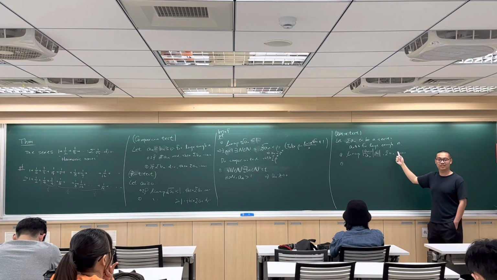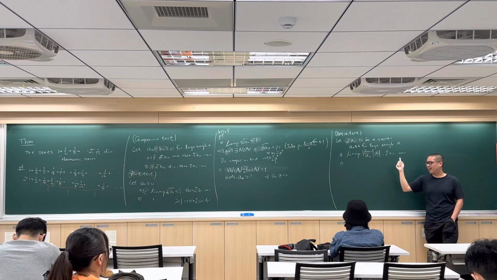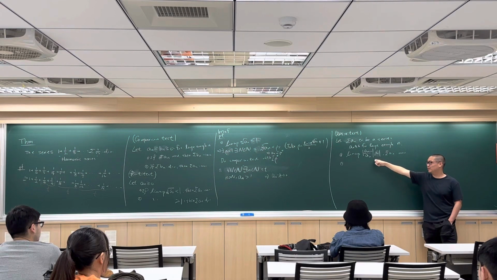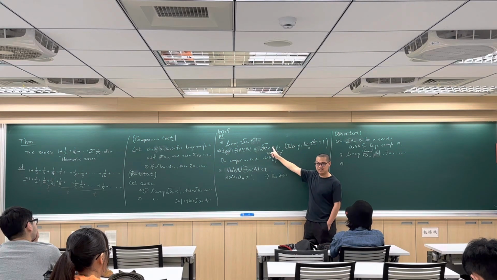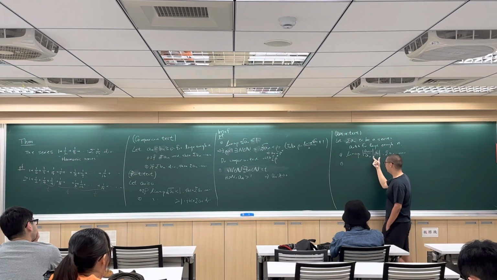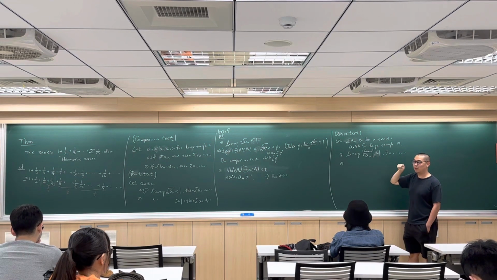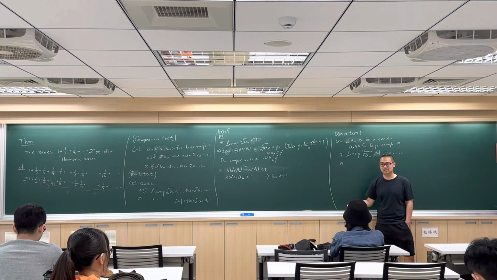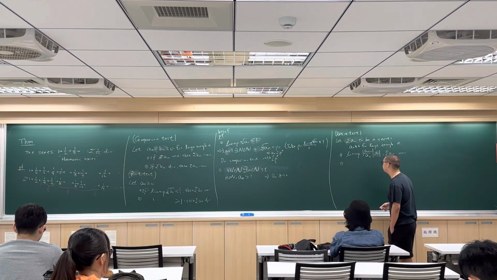So again, this one is the comparison test, right? Because you can see this one is smaller than 1, so you must find a beta between them that controls it. So after some term, it will decay faster than a geometric series. Same argument there, right?